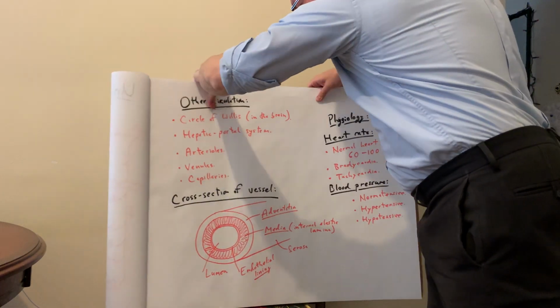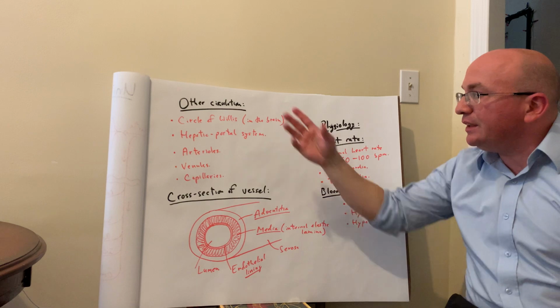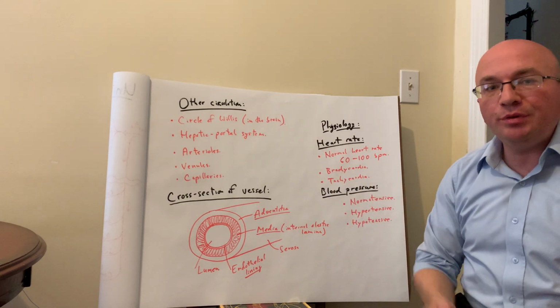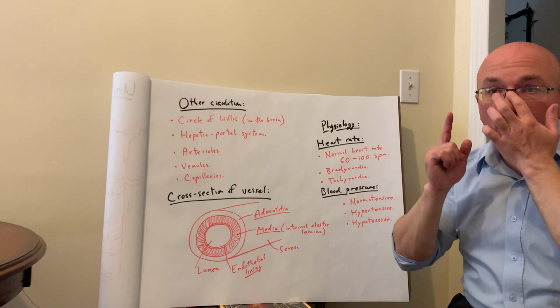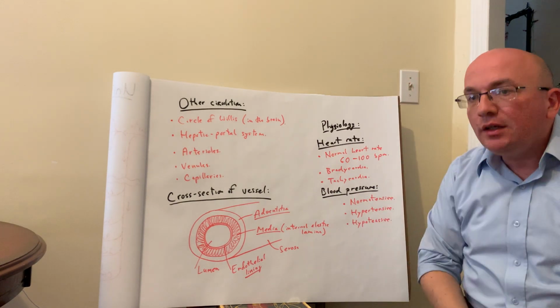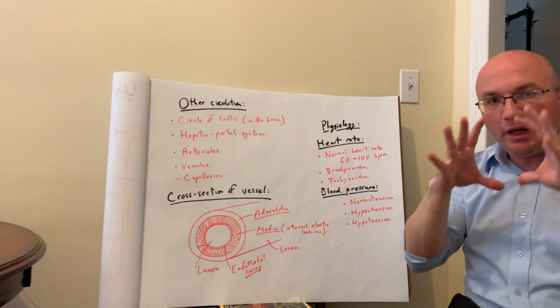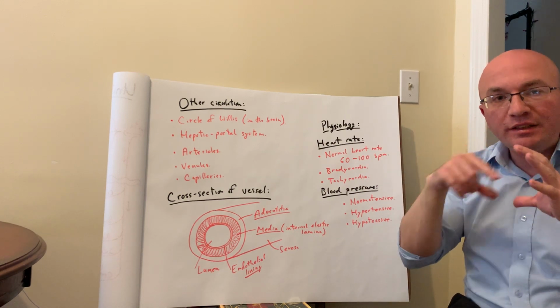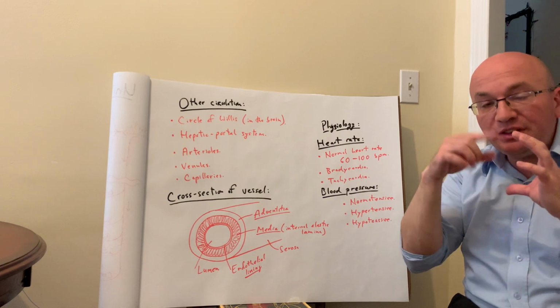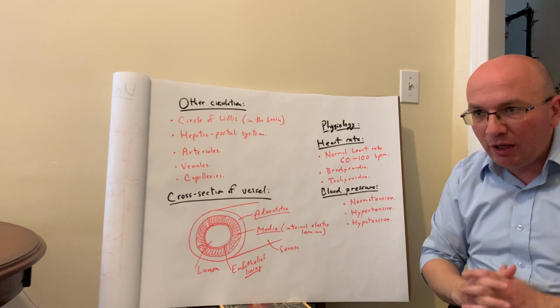Besides looking at the simple branchings of the aorta, we also talk about some other forms of circulation. Like I said before, when you think about the internal carotids going into the brain, at the base of the brain, providing the branches, those branches actually make up a circle to allow a continuous blood supply there with some redundancy, so there is no interruption of blood in case there's any kind of blockage.